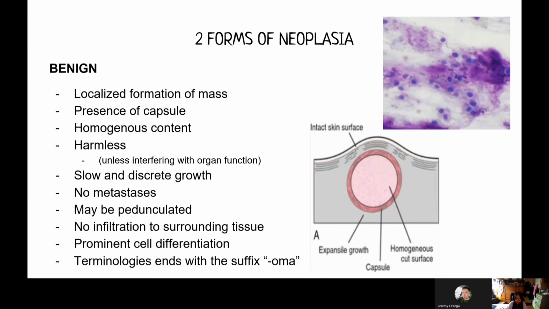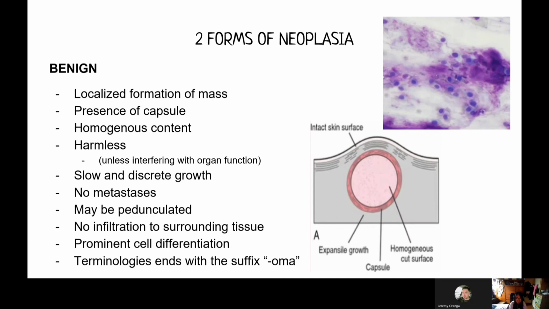So there is a slow and discrete growth. There is no metastasis. And it may be pedunculated, or meron siyang tangkay kumbaga. There is no infiltration to surrounding tissues due to the presence of the capsule. There is a prominent cell differentiation and its terminology ends with the suffix "oma" only.